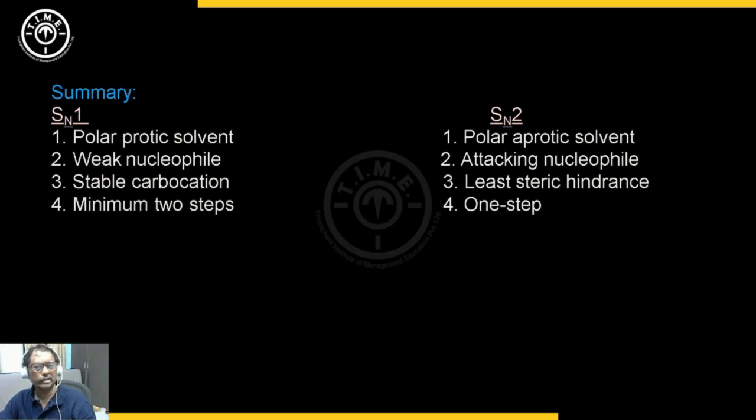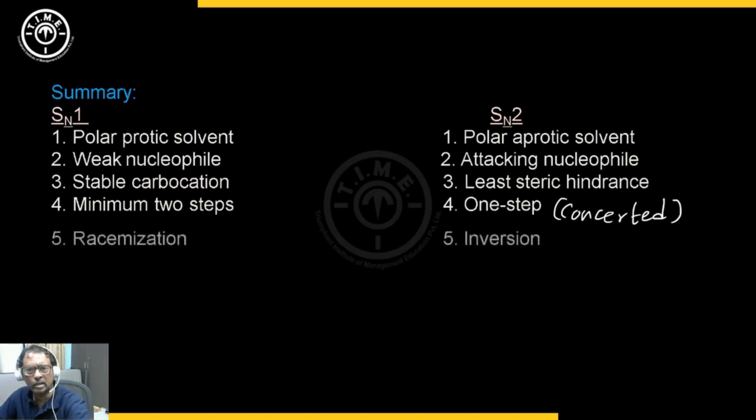Now, we said in SN1 there are minimum 2 steps. Why minimum 2 steps? Because when a carbocation is formed, it may also undergo rearrangement if it is not stable. Therefore, add 1 step. But SN2 is just 1 step. 1 step reactions are also called concerted reactions or elementary reactions.